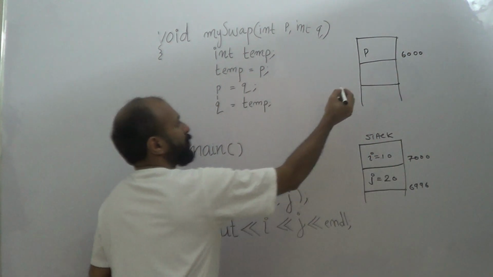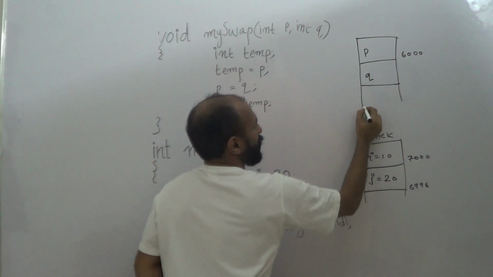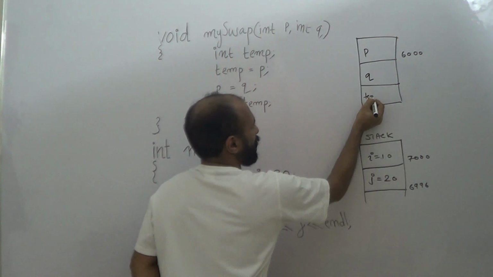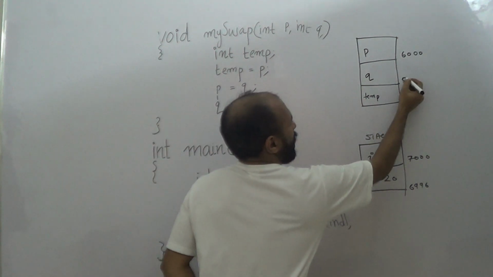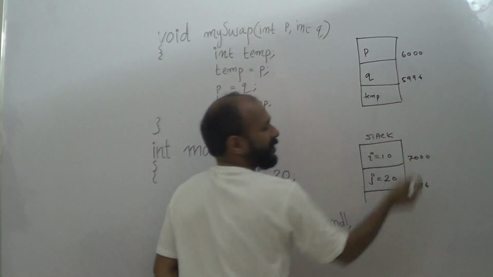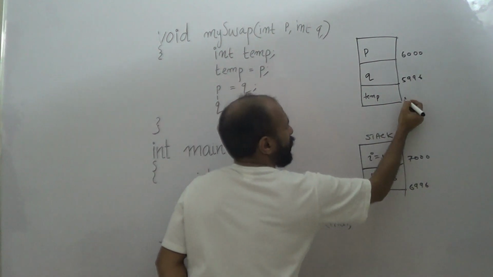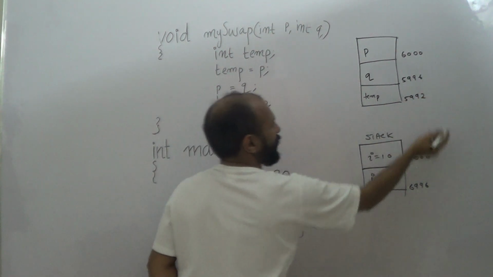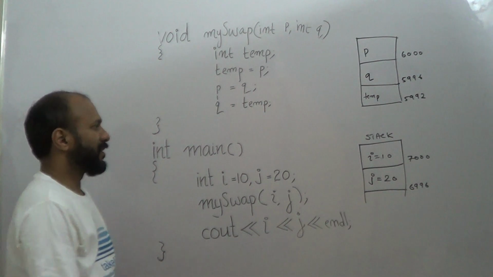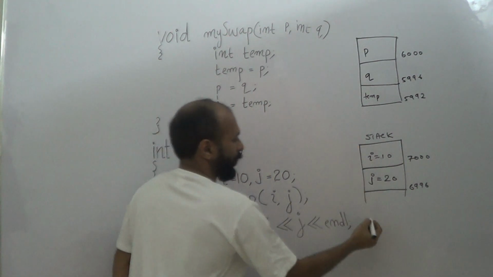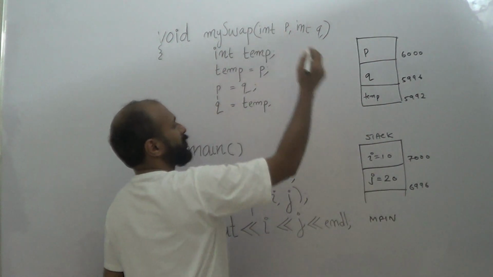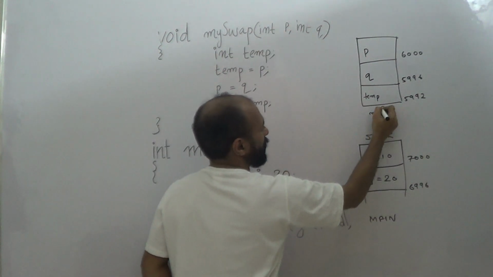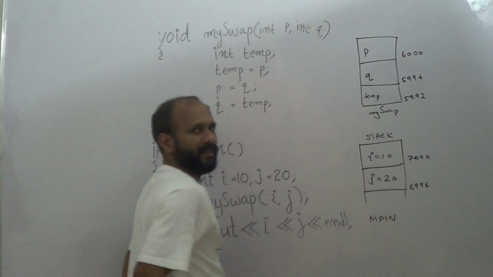There is one more argument, that is q, and then one more variable, that is temp. Assume the addresses are 5996 and 5992. These are the addresses. This is the stack frame of main and this is the stack frame of my swap function.